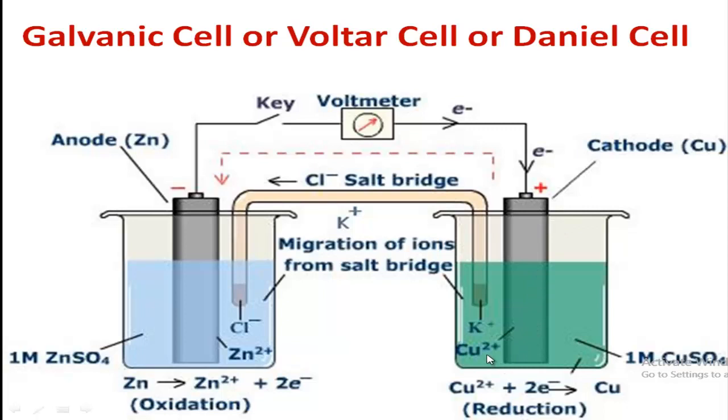So here a deficiency of cation occurs. For this, from the salt bridge, cation mixes with the solution. In this way, the salt bridge balances the cation and anion in the 2 electrolytes.